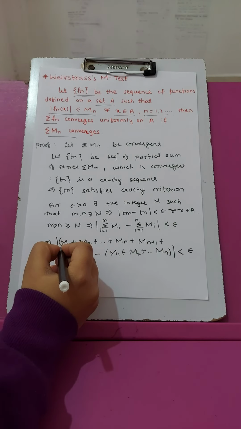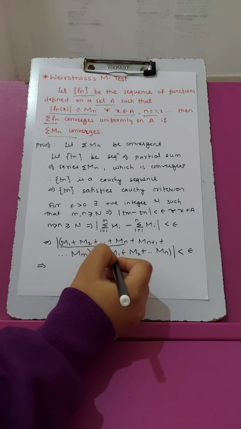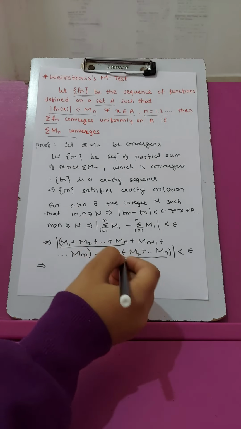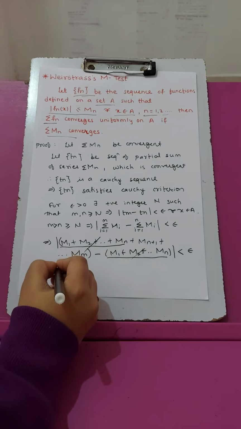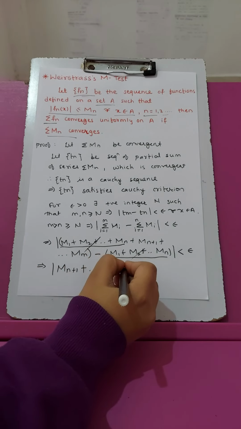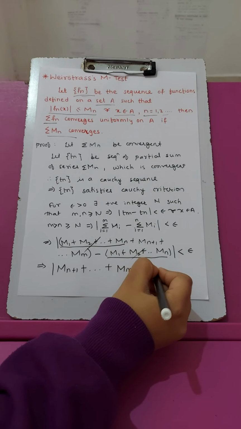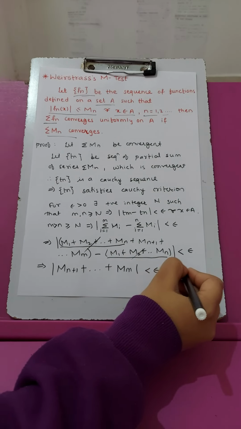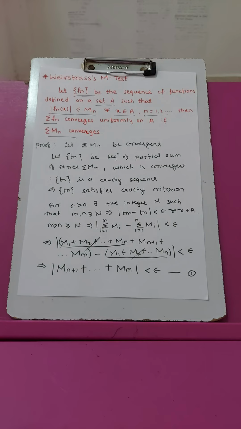The terms M1 plus M2 up to Mn minus M1 plus M2 up to Mn get cancelled. So here |Mn plus 1 plus up to Mm| is less than epsilon. Take this as number 1.